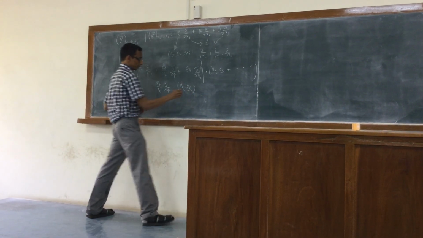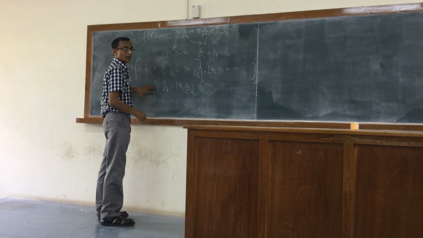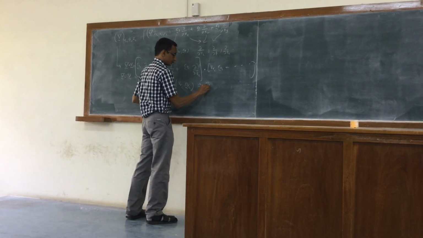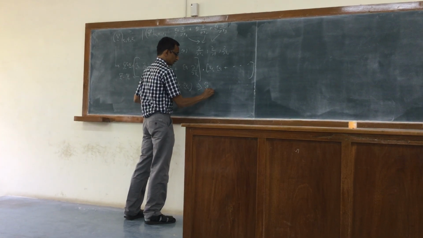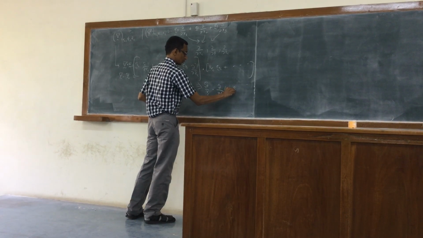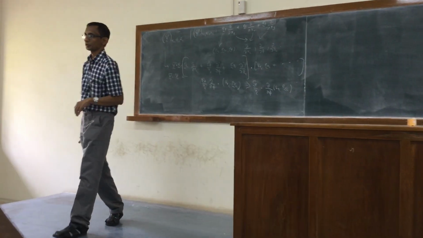So as I pointed out, the way to do this is to separate out first the vector operation like this, and then carry out the derivative operation, right?